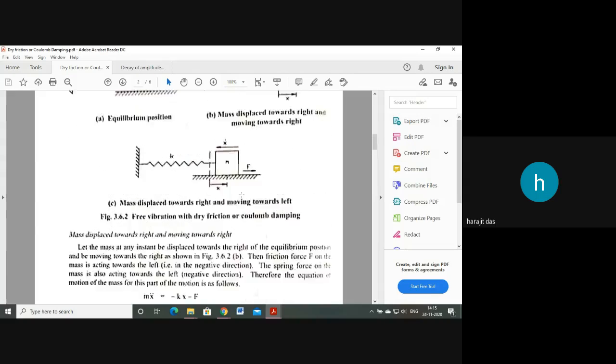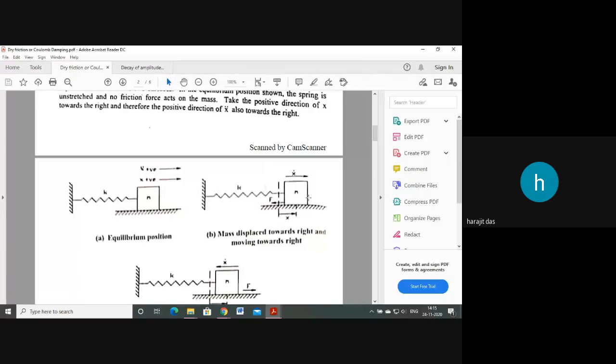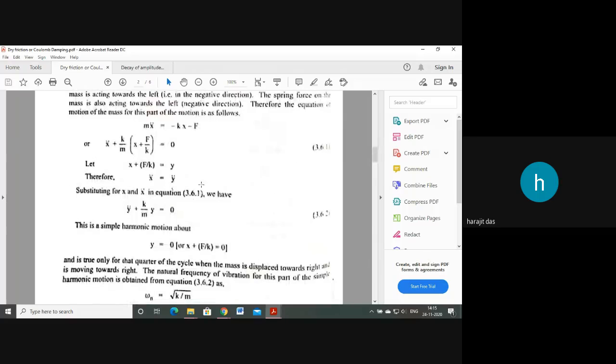This equation of motion is valid when the system is displaced towards the right and moving towards the right. Understood? Now we will take this bracketed term, x plus f by k, equal to y. If you take the double differentiation, since f by k is constant, it will be 0, so y double dot will be there.